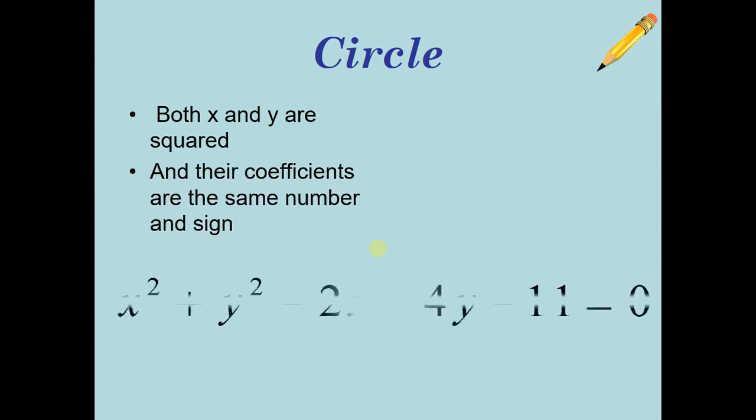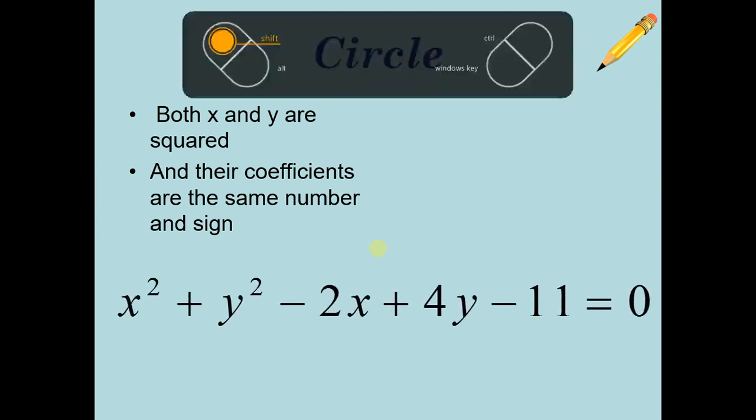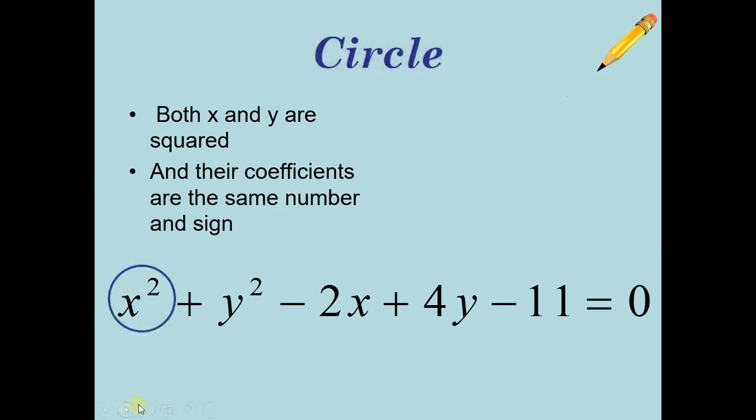So if I look at this general form, I notice that the x squared and the y squared are both squared, and they both are addition with a 1 in front. They're the same number and sign.